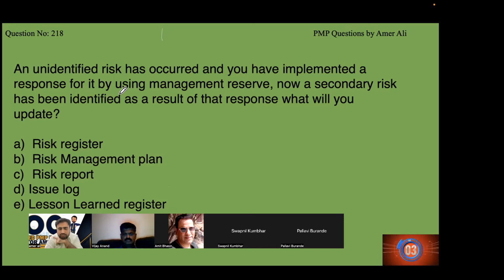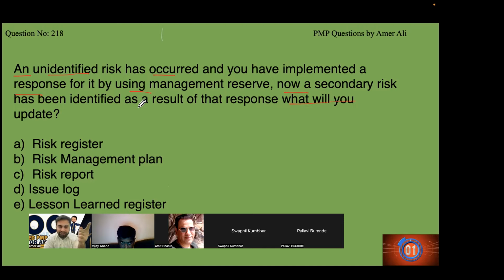A very interesting question, small but very interesting. What will you update? An unidentified risk has occurred. It has occurred, meaning an issue. An unidentified risk occurred as an issue, and you have implemented a response for it by using management reserve, which means raise a change request and get it approved. Now a secondary risk has been identified.